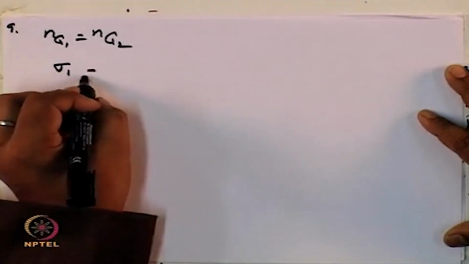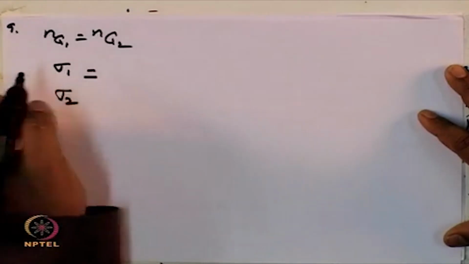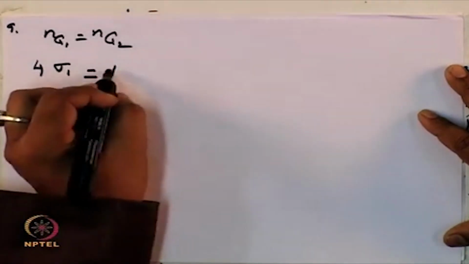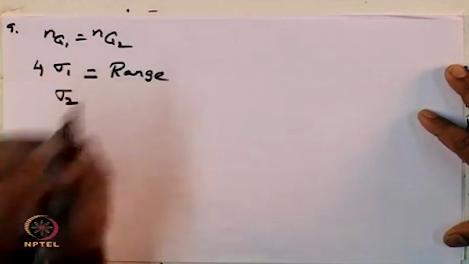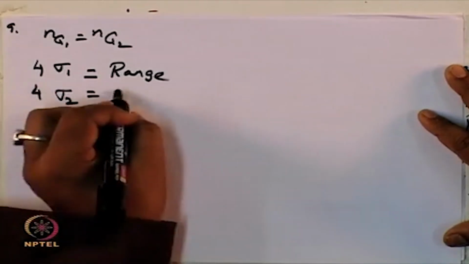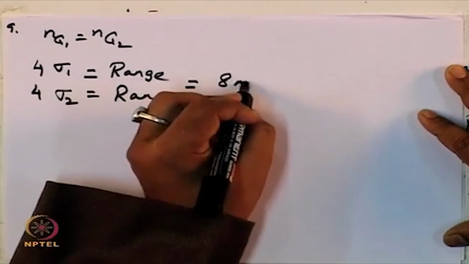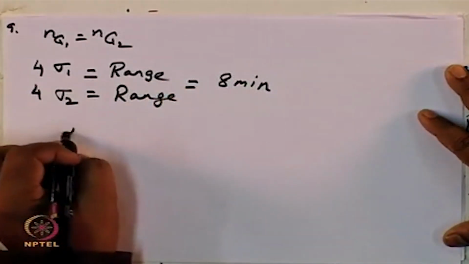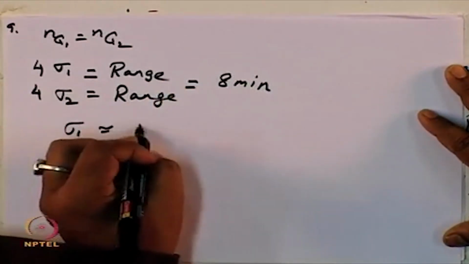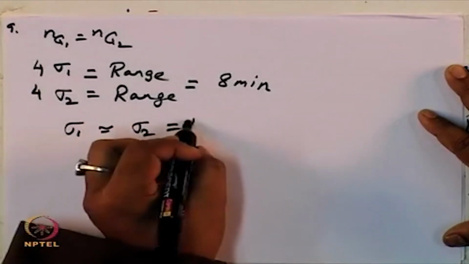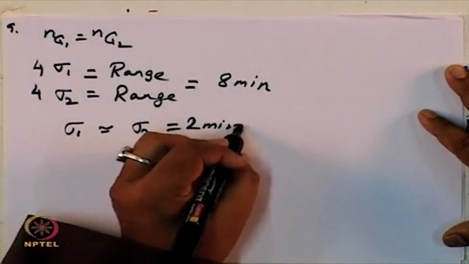Now, you remember this approximation as 4 times sigma is equal to range. I can write 4 times sigma equal to range, and this I am given as 8 minutes. So, from this you can estimate sigma 1 equal to sigma 2 equal to 2 minutes.